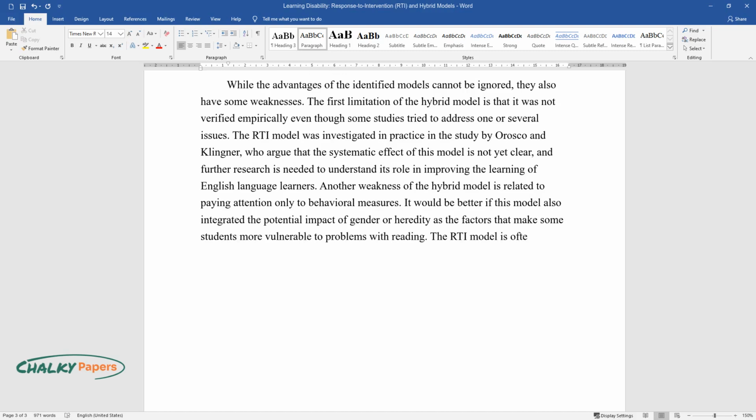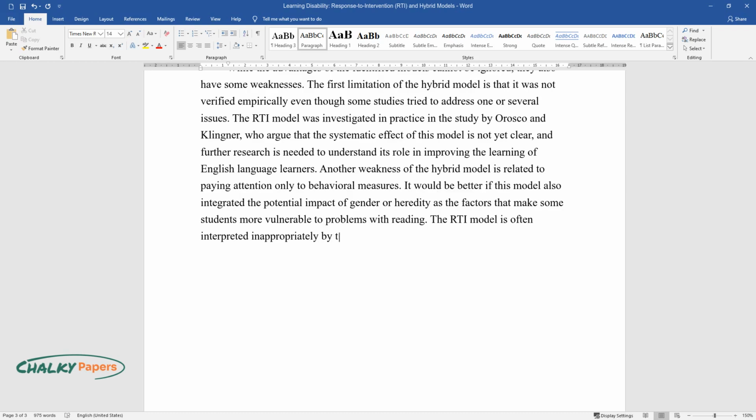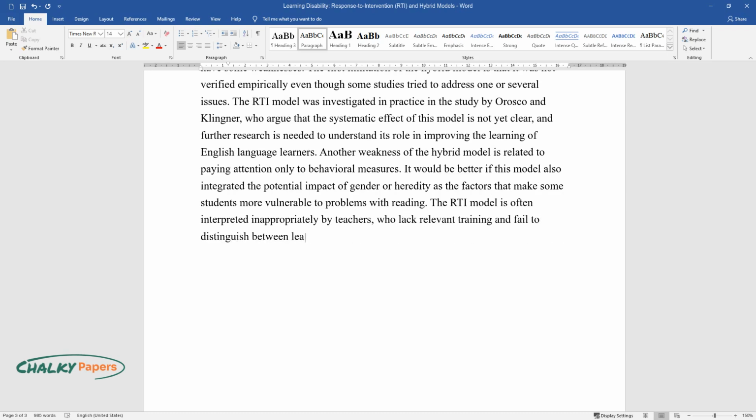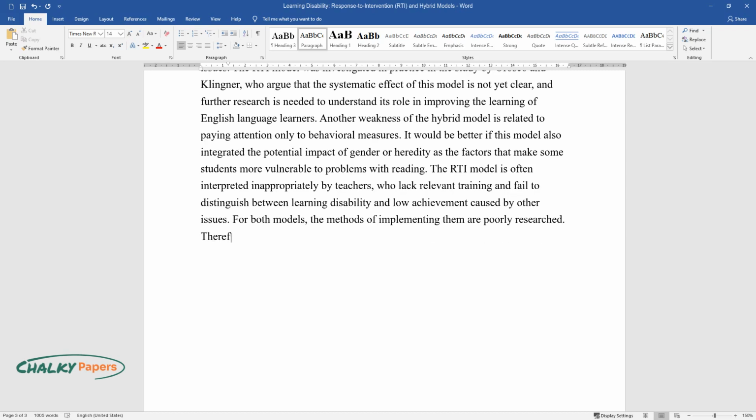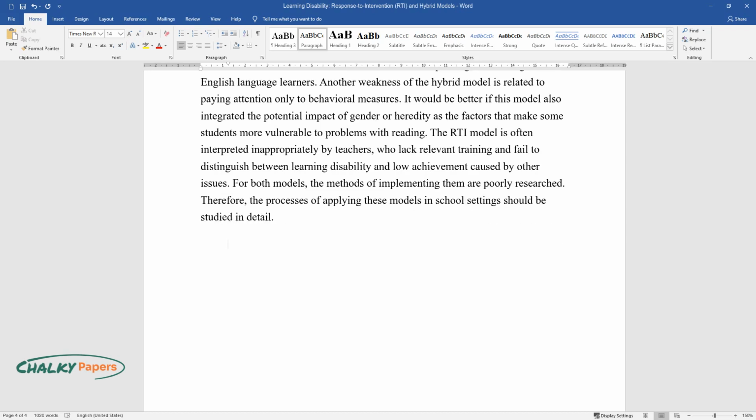The RTI model is often interpreted inappropriately by teachers, who lack relevant training and fail to distinguish between learning disability and low achievement caused by other issues. For both models, the methods of implementing them are poorly researched. Therefore, the processes of applying these models in school settings should be studied in detail.